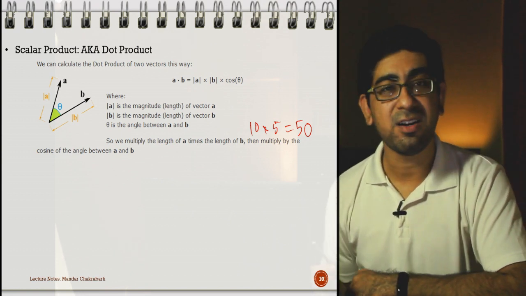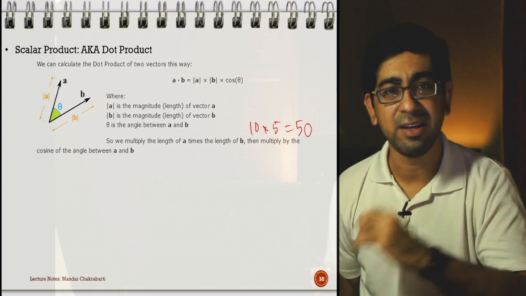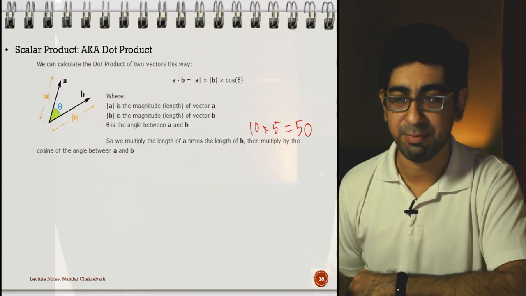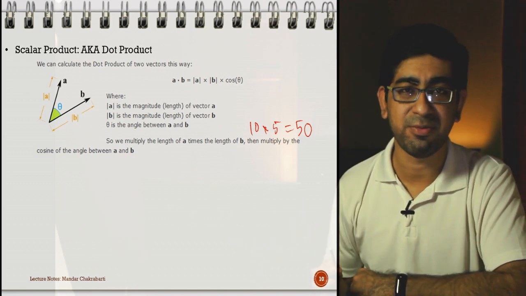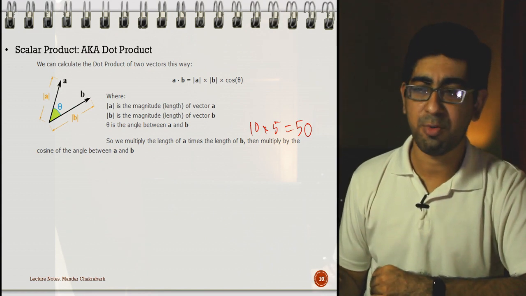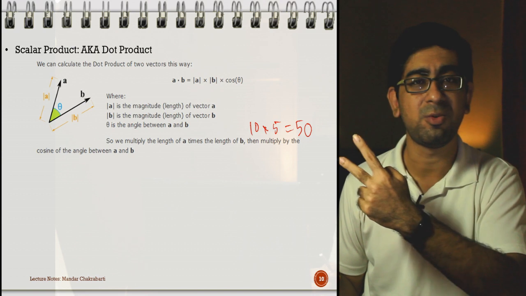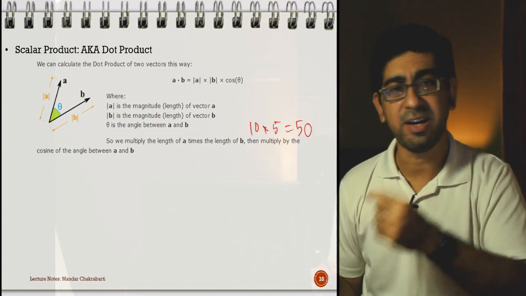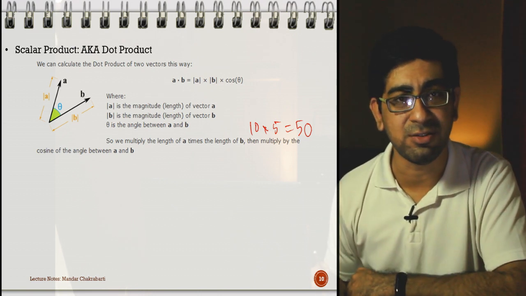With the vector dot product, there is an angle which comes into play between the two vectors that we are trying to multiply. So the first way in which we can perform the vector dot product is in this method, where we consider the magnitude of the two vectors and the cosine of the angle between these two vectors.